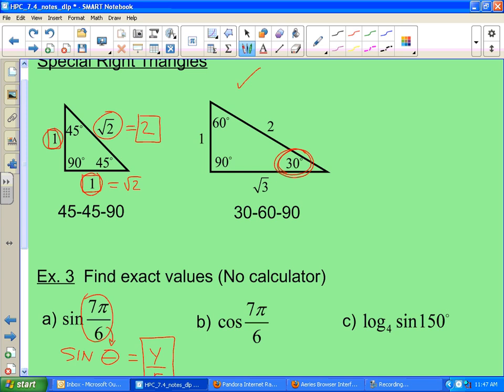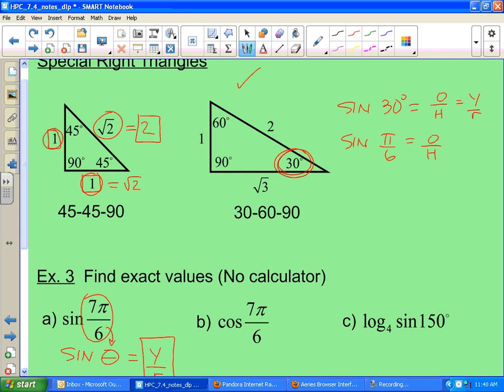Just know that if I'm talking about the sine of a 30 degree angle or the sine of a pi over 6 angle, that is going to create a relationship of O over H or Y over R. It might be easier for us to think of O's and H's because we're back to a triangle versus our unit circle. Well, what is my O over H relationship?